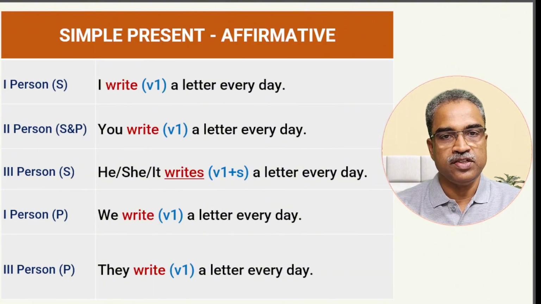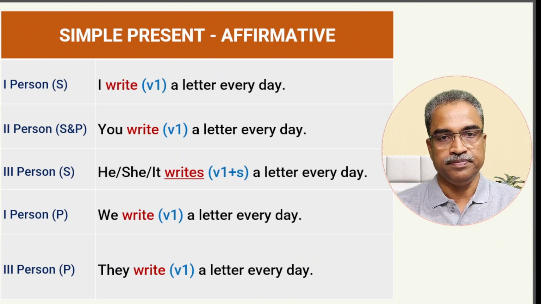Each of these tenses is again divided into simple present, present continuous, present perfect, and present perfect continuous. Similarly, past and then future. So we have simple or indefinite, continuous or progressive, perfect, and the fourth one, perfect continuous tense. We have this in all three tenses, present, past, and future.